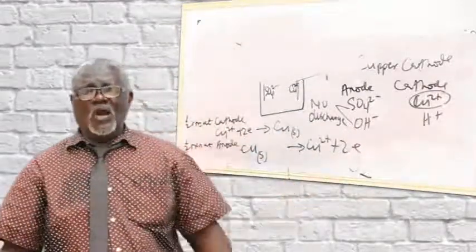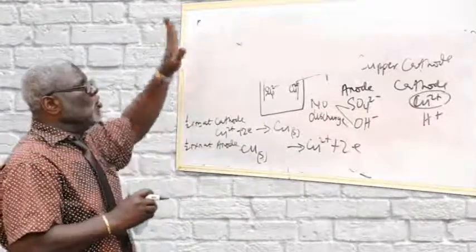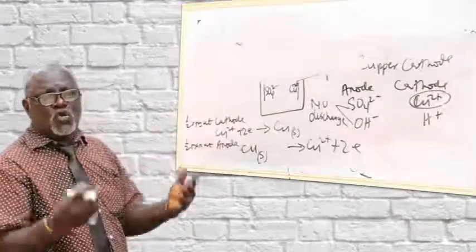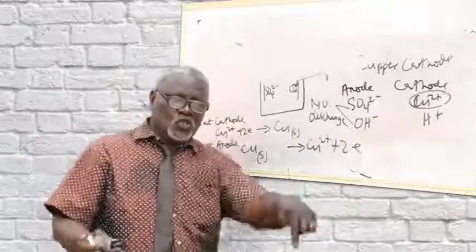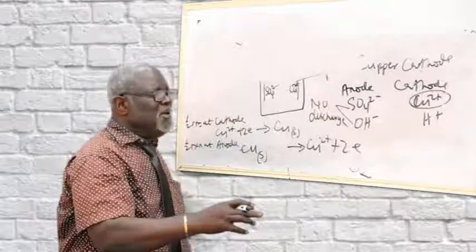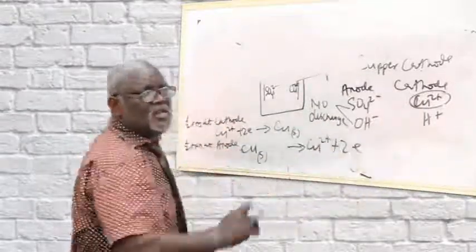And therefore, the color of the solution remains unchanged. Is it clear? So, the blue color of the solution does not change because the copper ion in solution, which is removed and deposited at the cathode, is being replaced by another copper ion that dissolves away from the anode and goes into solution.